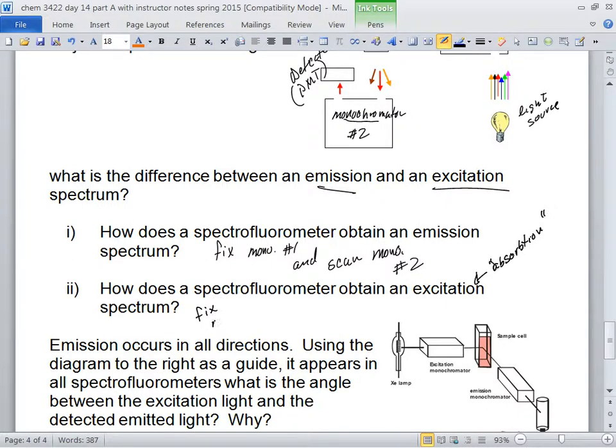You know what I mean by fix? Just setting it at some wavelength. So you fix monochromator number 2, and it can't just be at any wavelength. It has to be a wavelength where it actually emits light. And then all you do is you scan monochromator number 1, and you get an absorbance spectrum.